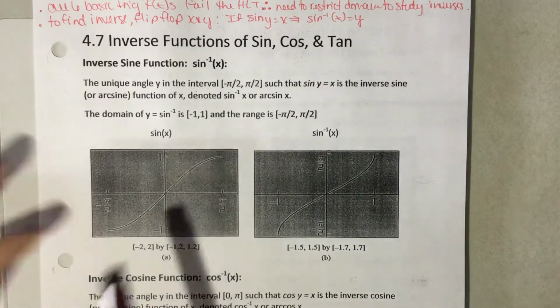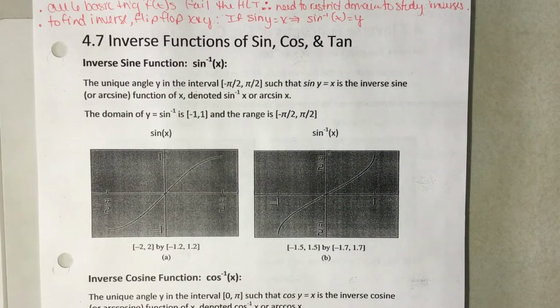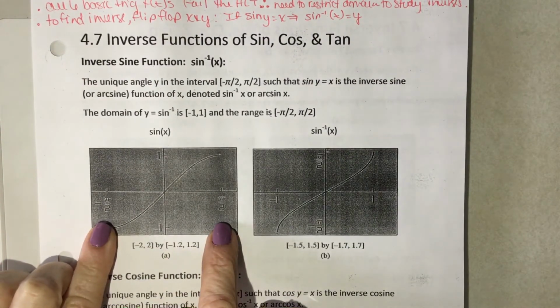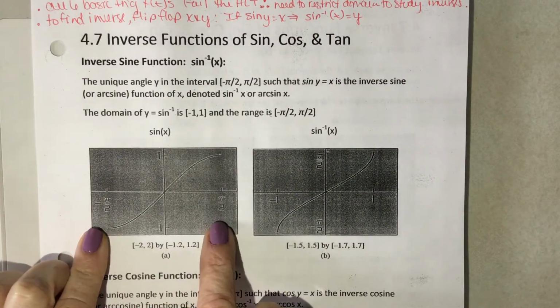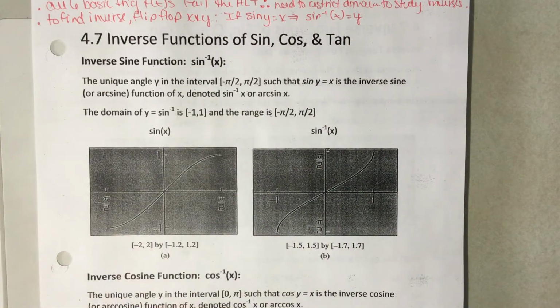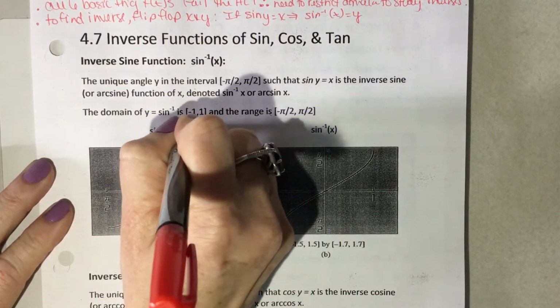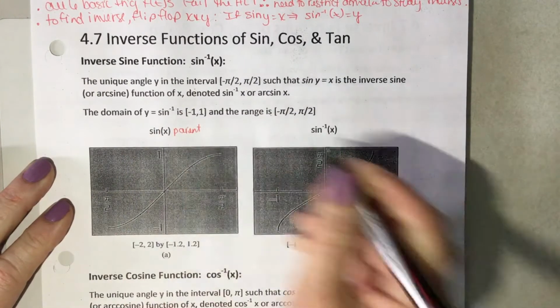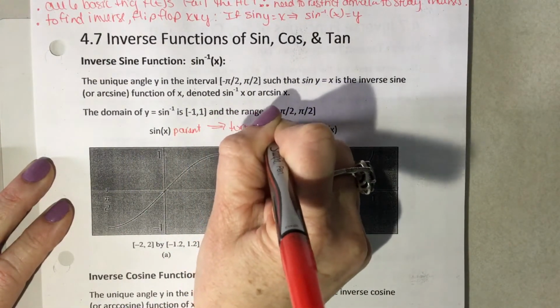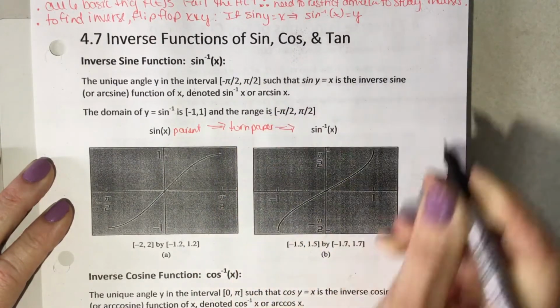So what we've done is we've dissected that sine function into just a smidge of it, just a piece. We took a piece out from negative pi over 2 to pi over 2, okay? So negative 90 to 90 basically is where that's at. Now, to go from your parent function, which this is, all you're basically doing here is I'm just turning my paper a quarter turn, and you're going to get your inverse.